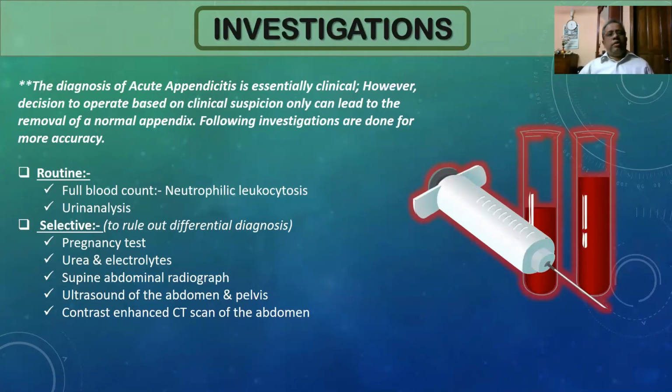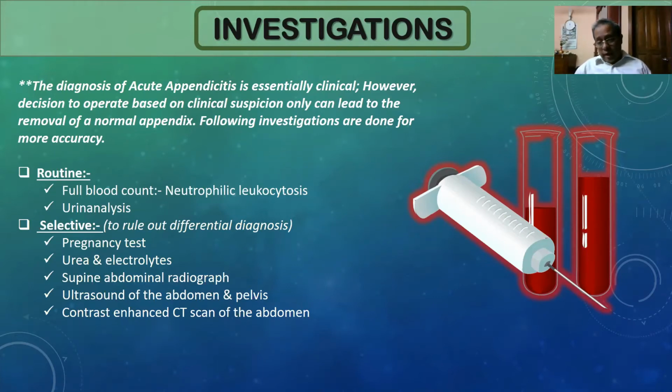So, investigation. The diagnosis of acute appendicitis is essentially clinical. Look at the line written here. The diagnosis of acute appendicitis is essentially clinical. However, a decision to operate based on clinical suspicion only can lead to the removal of a normal appendix.